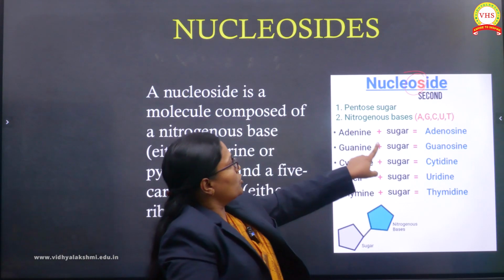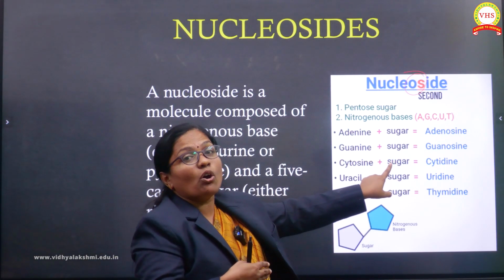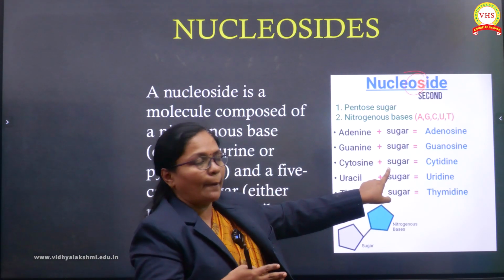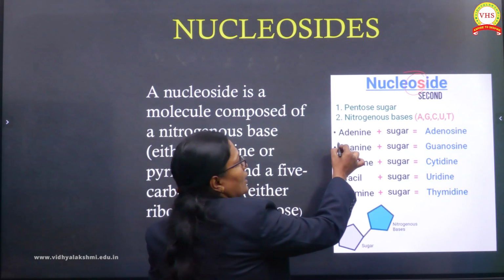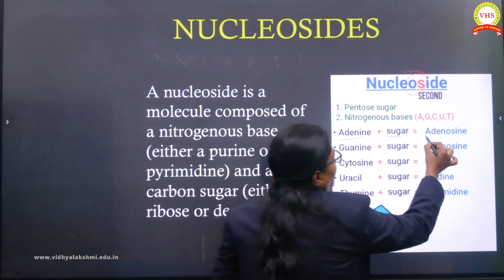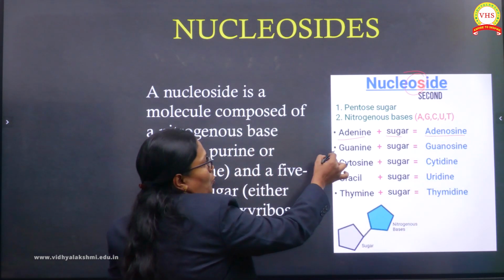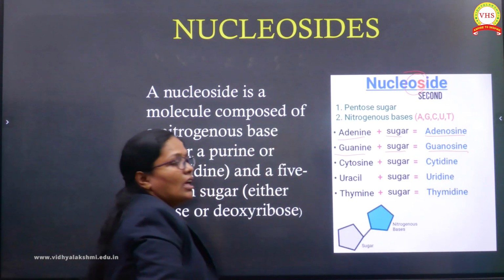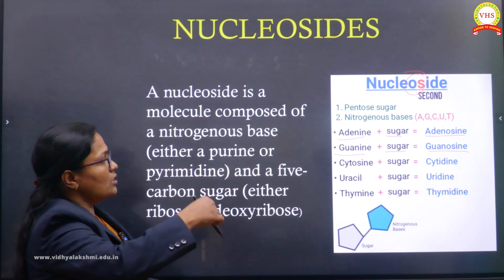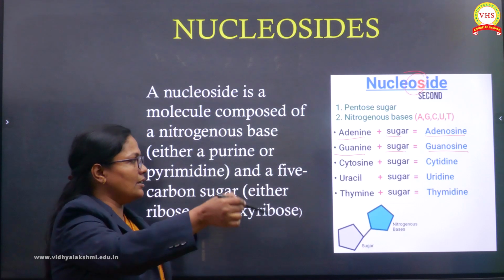Now, the pentose sugar is, as we said, deoxyribose sugar, which builds DNA. Right? And adenine is a nitrogen base. With adenine, when sugar is added, it becomes adenosine. With guanine, if sugar is added, it becomes guanosine. Cytosine plus sugar, cytidine.